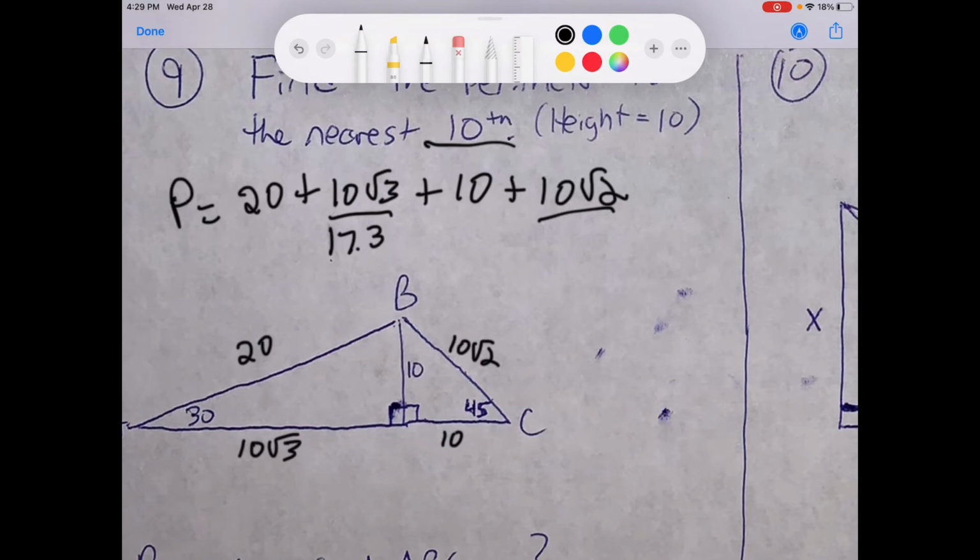And 10 root 2, 10 times the square root of 2, is 14.1. So now I'm adding 20 plus 17.3 plus 10 plus 14.1. My perimeter of that triangle is 61.4.